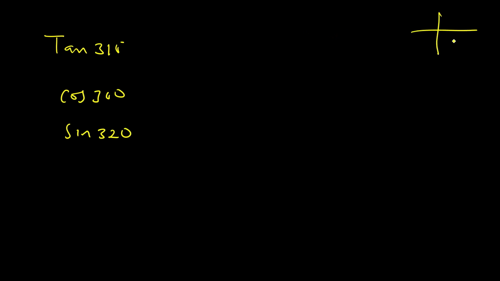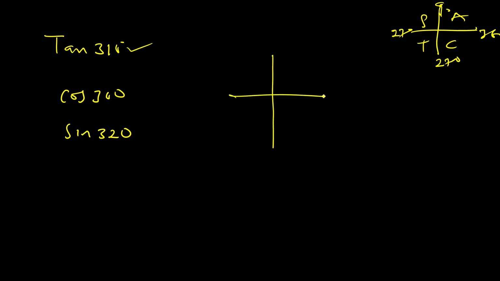Remember, we still have this: 270 to 360, 0 to 90, 90 to 270. Let's look at the acute angle here. So tan 310. 0, 90, 180, 270, then we are back to 360.